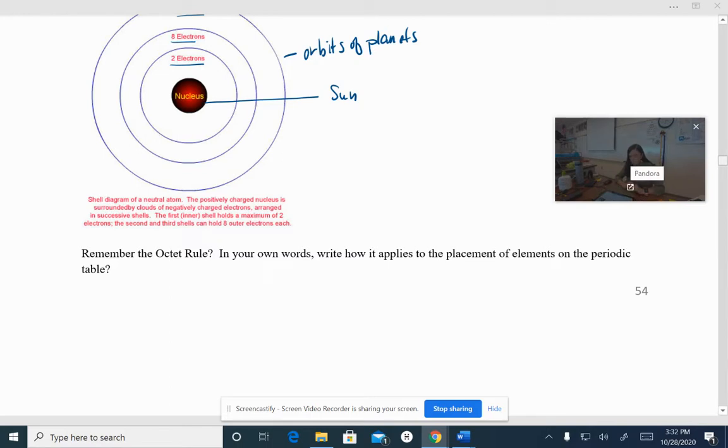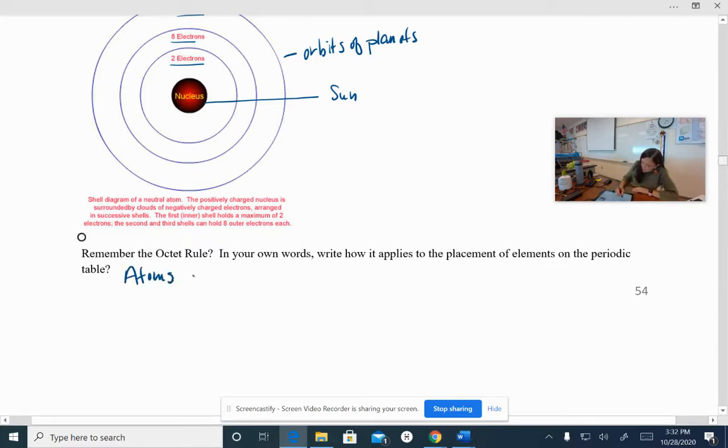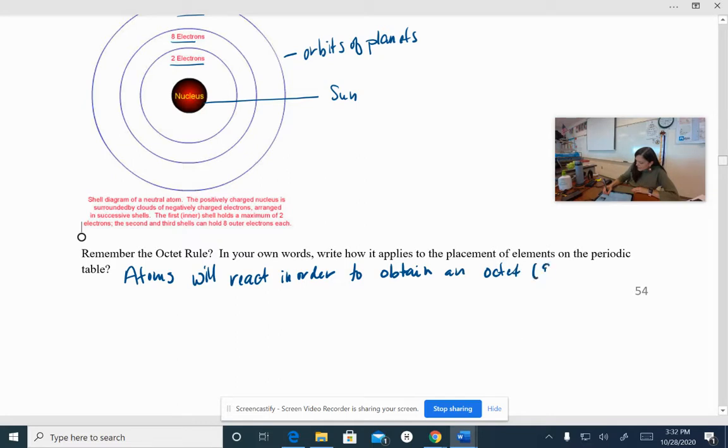Now the octet rule, remember we said that atoms will lose or gain electrons in order to form an octet. Atoms will react in order to obtain an octet, meaning 8 valence electrons in their valence shell.